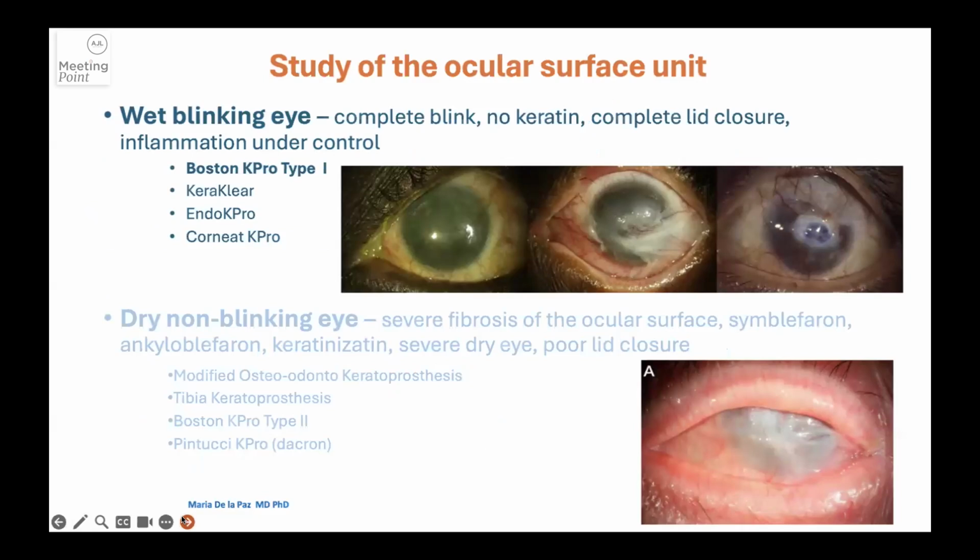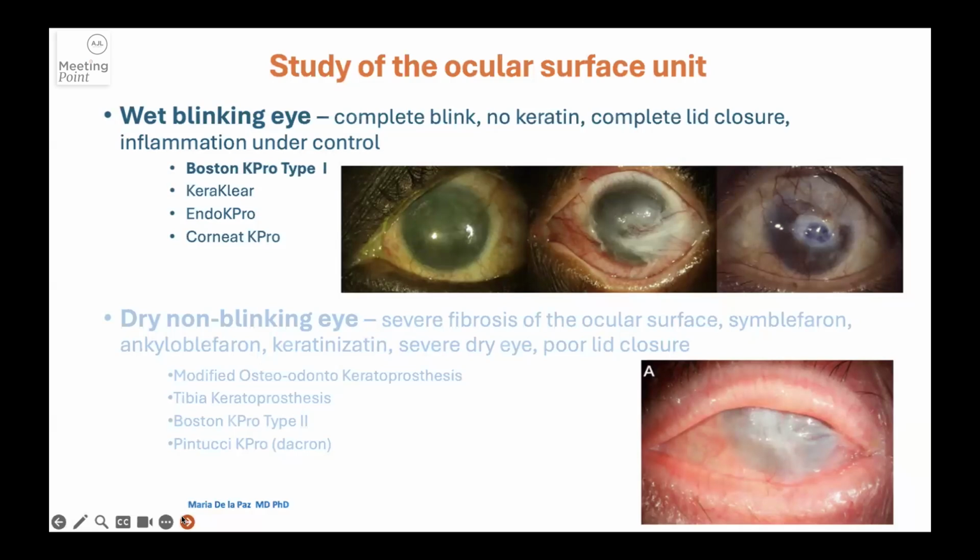And this is another important slide that I want you to carry home with you, to study your ocular surface unit. Now that you know your diagnosis, now you have to know what kind of eye you are dealing with. Is it a wet blinking eye where you have a complete blink, no keratin, complete lid closure, and your inflammation is under control? That is a very important phrase, inflammation under control.